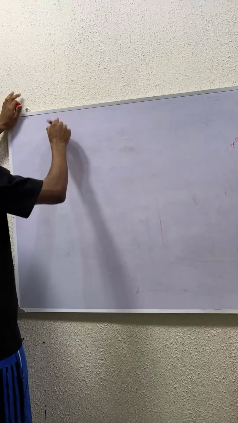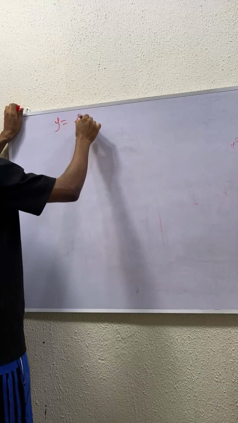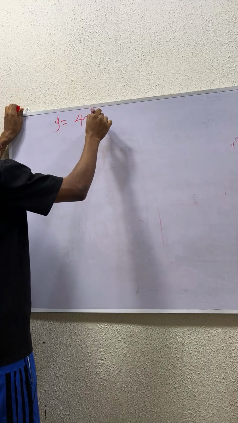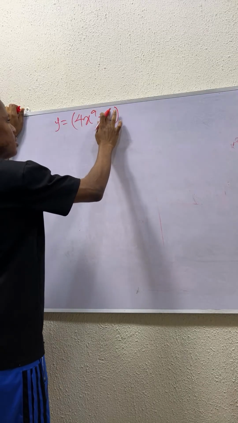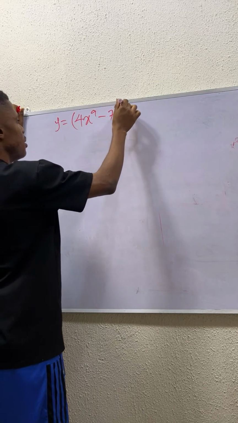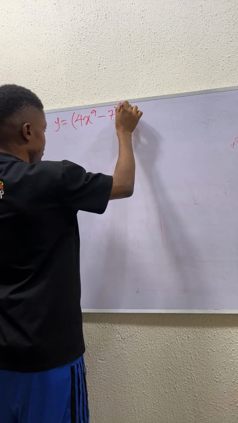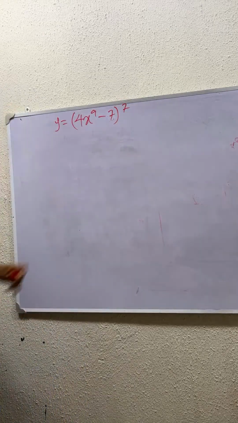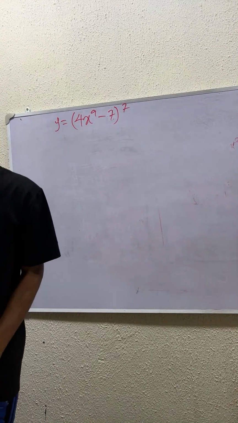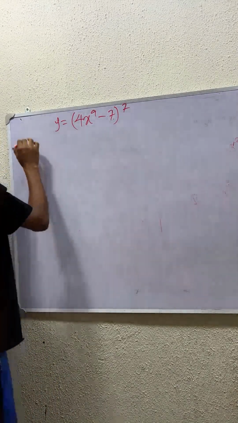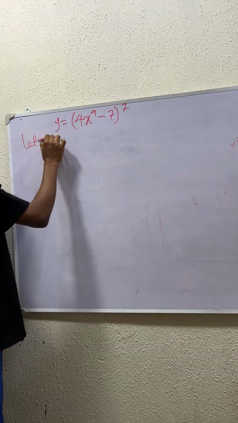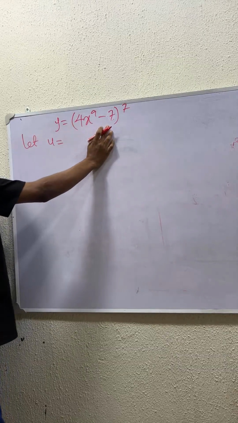So let's look at y equals (4x power 9 minus 7) power 7. Let's differentiate this particular function. To differentiate it, we let u be all the terms in the bracket.